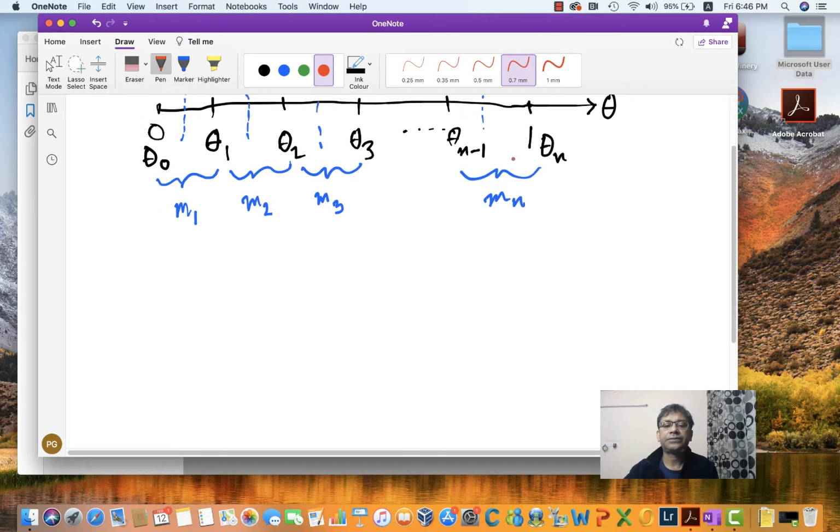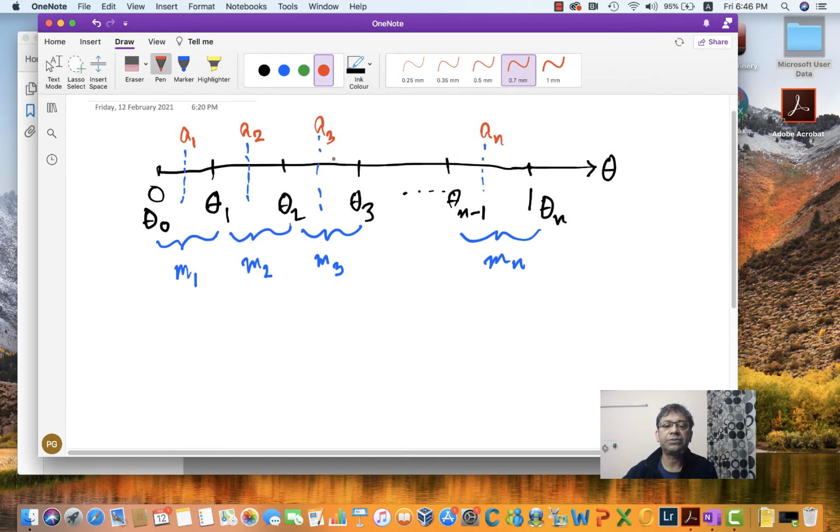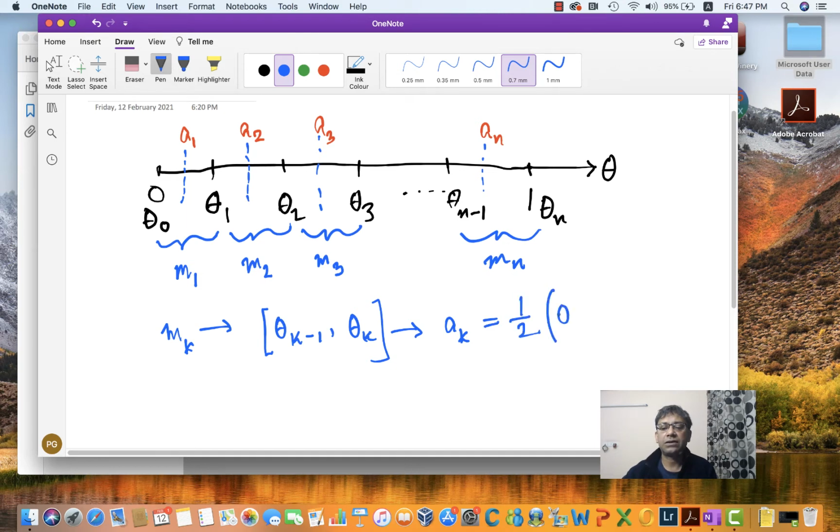All right? So if you're talking of the kth interval, if message mk is heard, that means that theta lies in the interval theta k minus 1 to theta k. And that means that the action chosen after the message is ak equal to the midpoint of this interval, which is half of theta k minus 1 plus theta k.